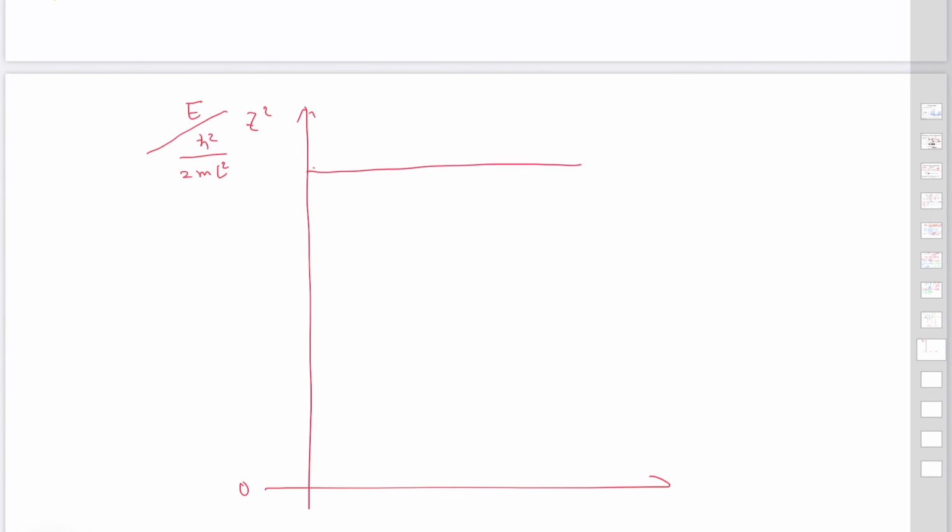If you draw the vertical line, this is the energy divided by ħ²/2mL², the energy state. So this is 0. And then this is the height of g₀², which is 52.2, corresponding to the height of the potential.